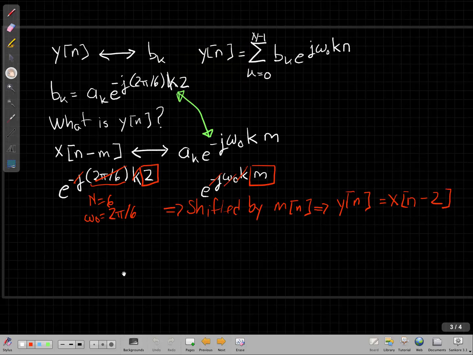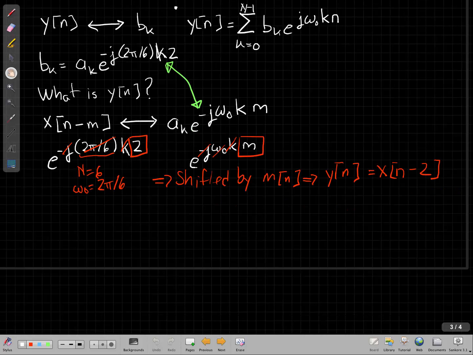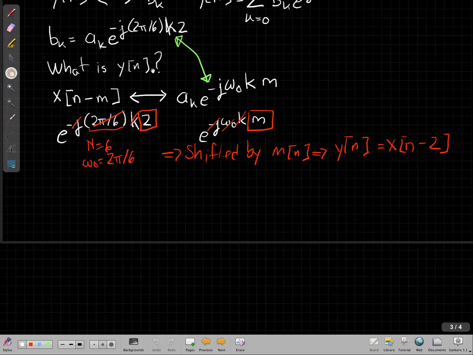So if I'm going to sketch that, I can make a sketch now of y of n. Let me slide the page up to make it a little easier to draw on my tablet. Now I can say y of n.